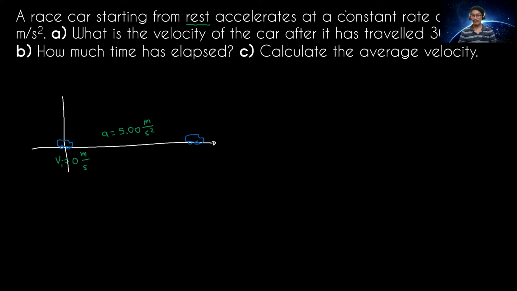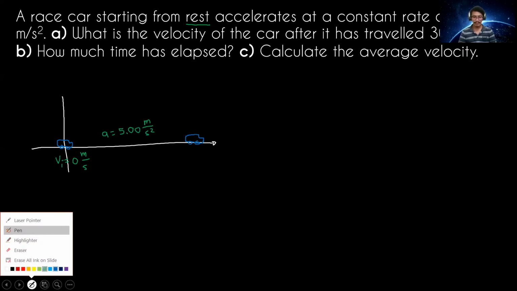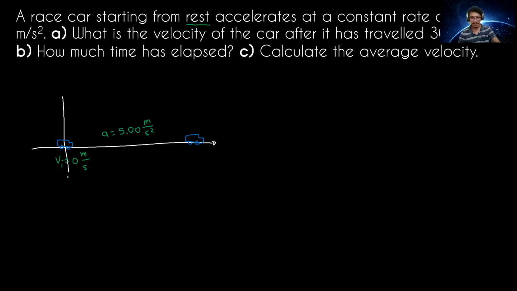And after it accelerates, it has traveled 30.5 meters. It has traveled for 30.5 meters. That means, from the starting motion until this part here, the displacement is 30.5 meters.